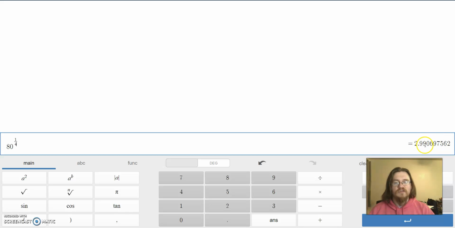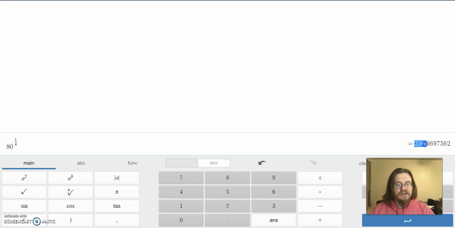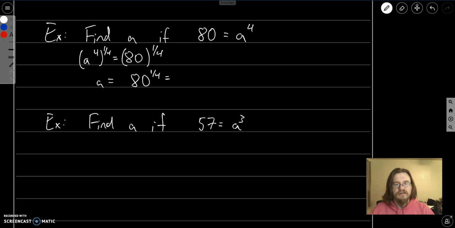So what we'll normally do is round to 2 decimal places. So I'll just use the first 2 decimal places, and we'll notice that we don't round this up. So this is just going to be 2.99. So let's go back here. According to our calculator, this is going to be approximately, so I'll use the squiggly equal sign, approximately 2.99. And let's do one more.